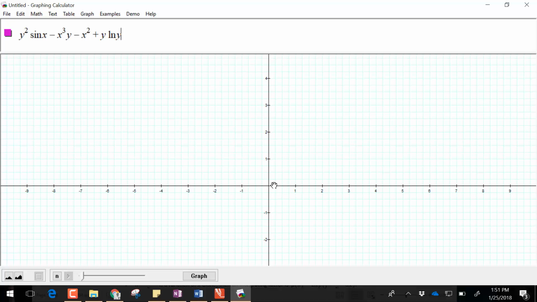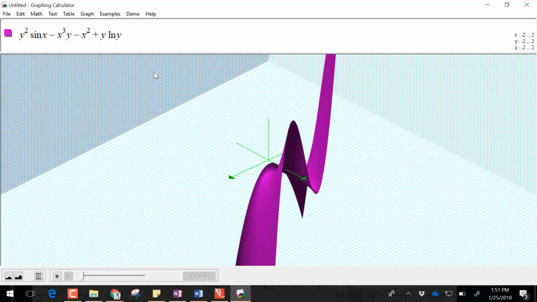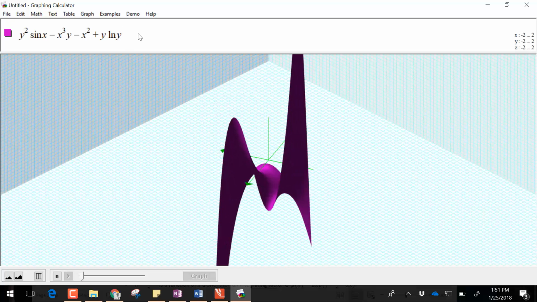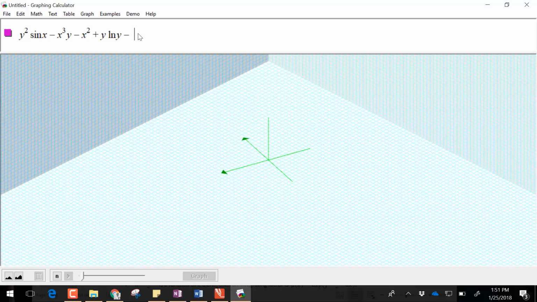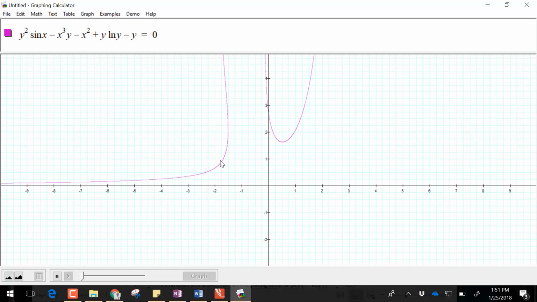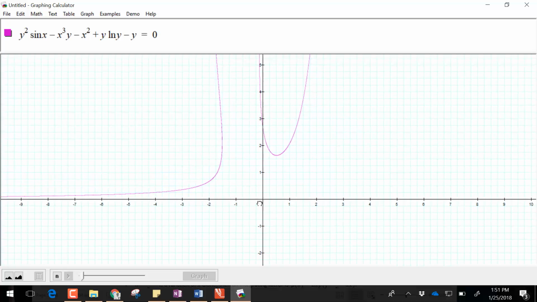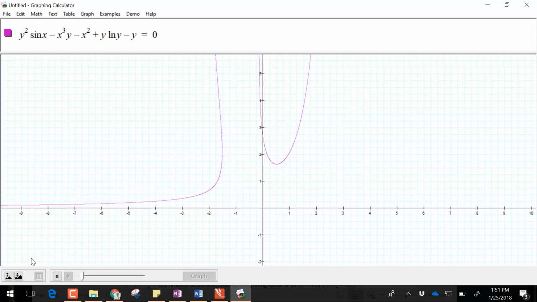All right, let's draw it again. Oh, wait a minute. I lost something. Minus y equals 0. Yeah, so it doesn't pass this part right here. Looks like it fails a vertical line test. And I was kind of squishing it down.